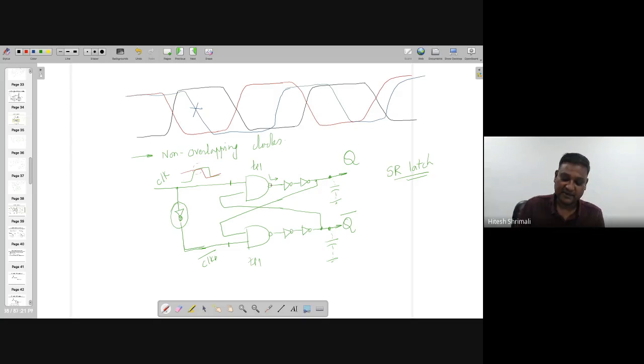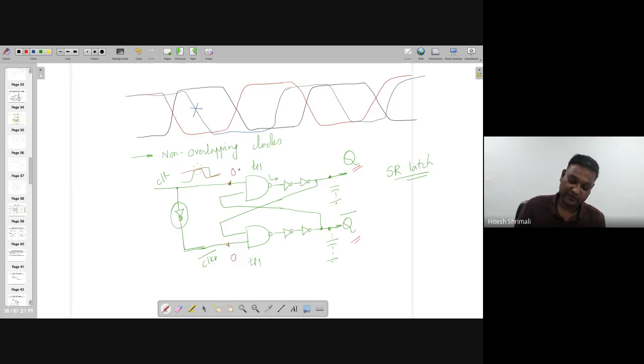And these gates are connected in positive feedback, as you already know, because of the regenerative action, Q and Q bar will always be complementary to each other. If they are not, then it's an invalid signal, but an invalid signal only occurs when both are 1 in the case of the NAND gate. Or sorry, if both are 0, then it will create a problem.